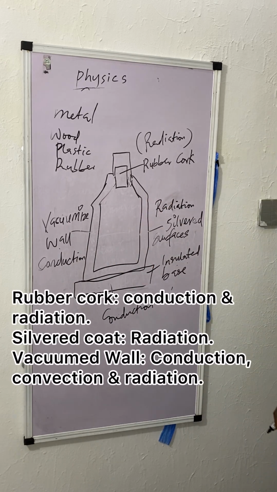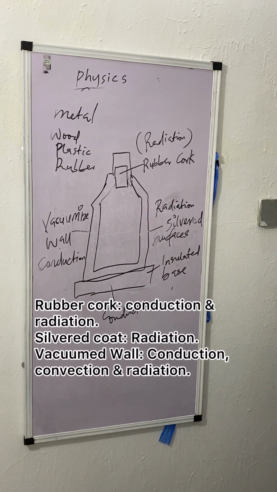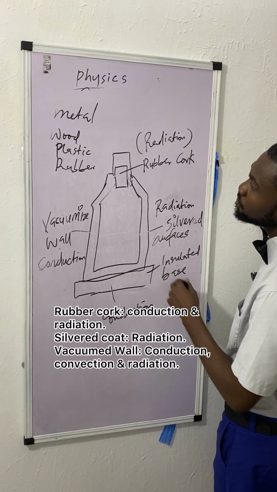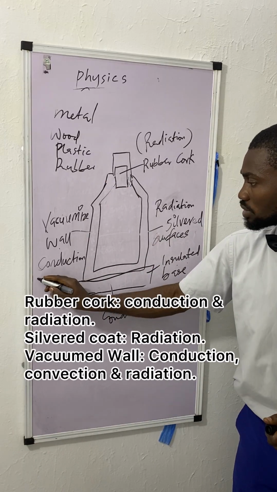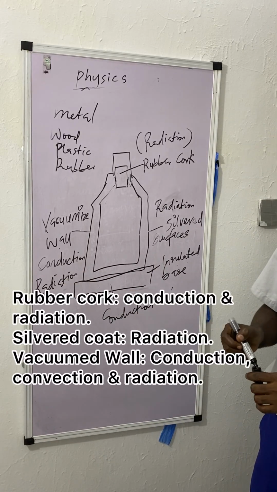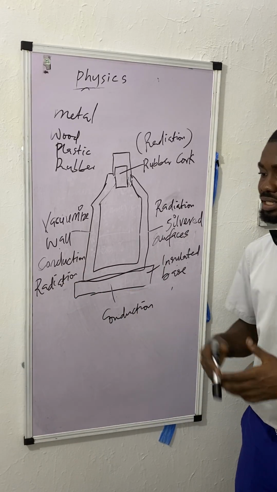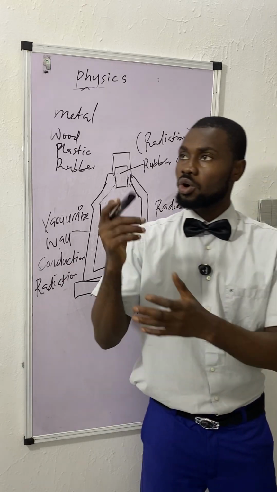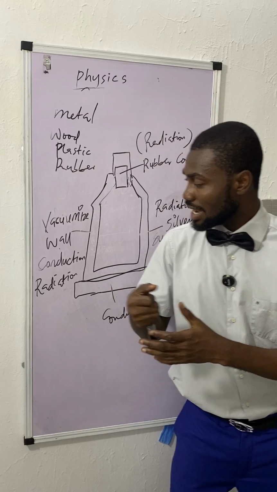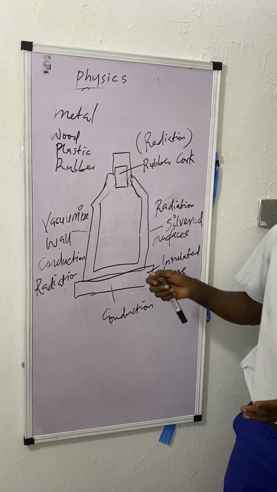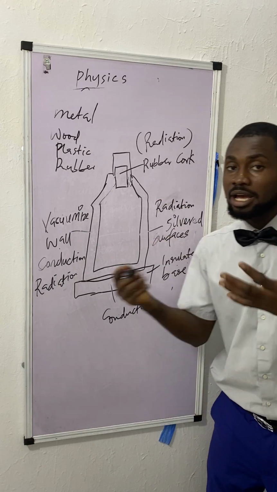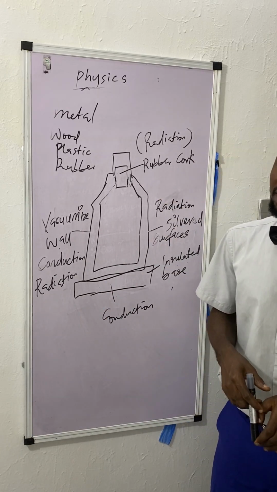Not just conduction, but also radiation, because heat can radiate. If you keep a hot body here, heat can be radiated out of the body, especially if it's not double layered. But if it's double layered, heat is going to be trapped in this vacuum. And that helps maintain the temperature for a significant amount of time.